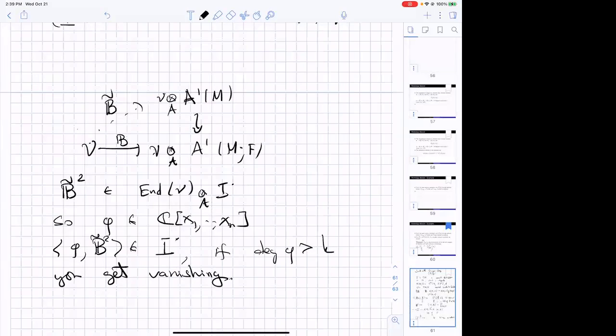So what happens is you get vanishing of the characteristic classes in dimensions bigger than 2k. The point is that B twiddle squared has degree 2, so when you raise it to the kth power, it's in degree 2k, and so forth.